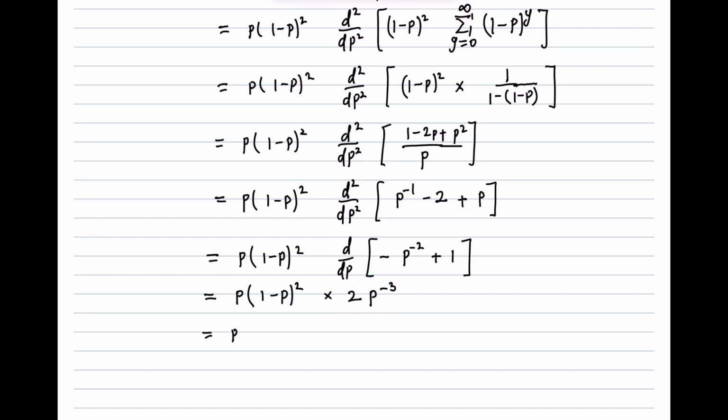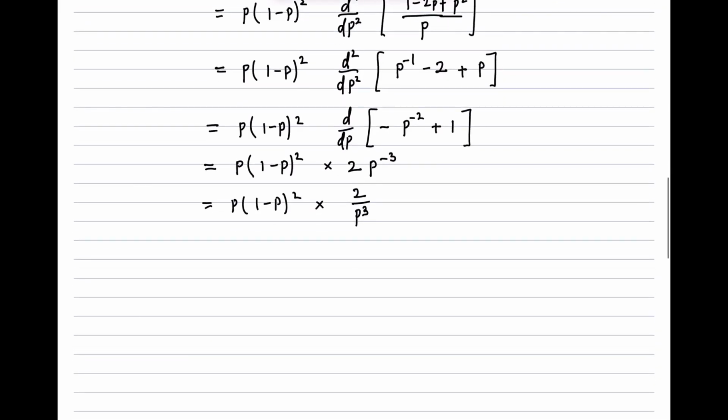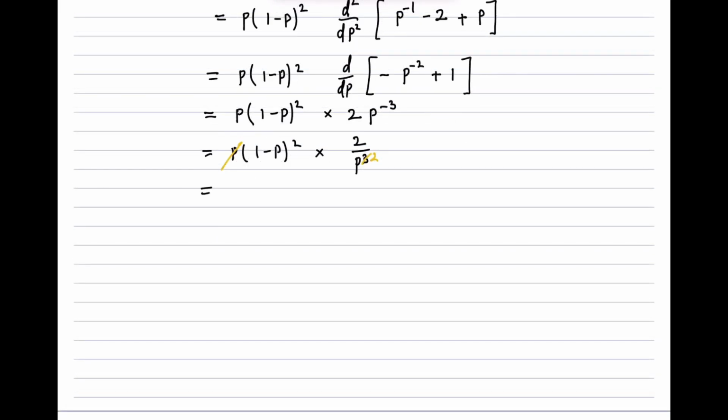This becomes p 1 minus p squared times 2 over p cubed, which after some simplification, this p out the front can cancel with the 3 there to give you 2. And then this leaves us with 2 1 minus p all squared all over p squared.